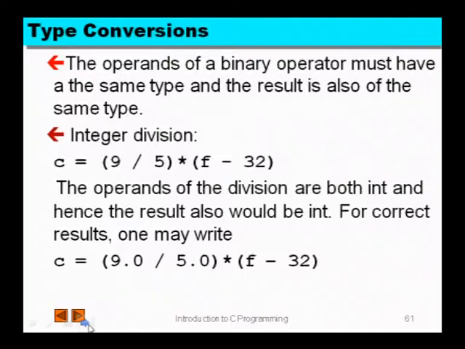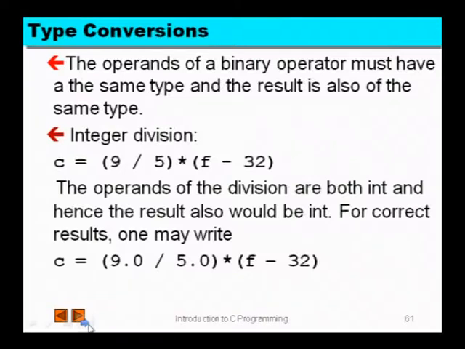We can convert automatically in some cases, where the compiler itself does an automatic conversion; it may take it as a float or an integer, we will see that. Sometimes we can convert explicitly, converting the entire result to type integer or type float, depending on our requirement.